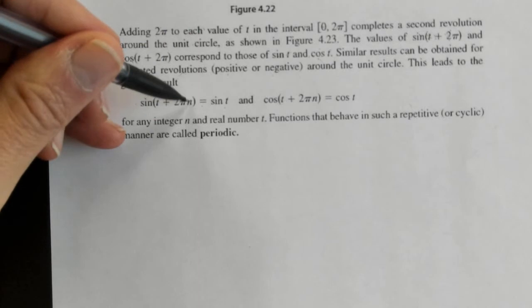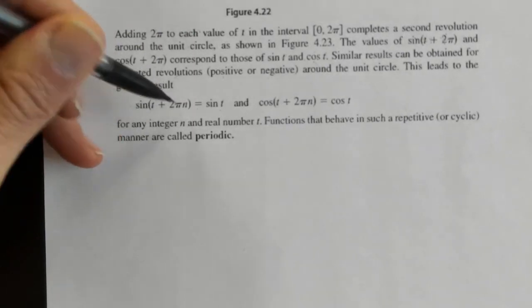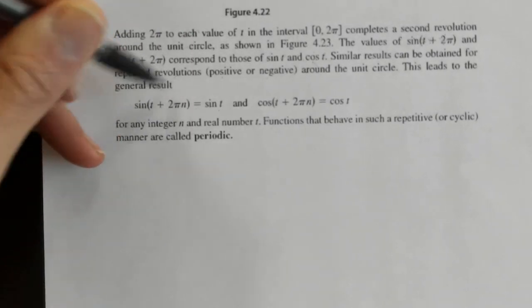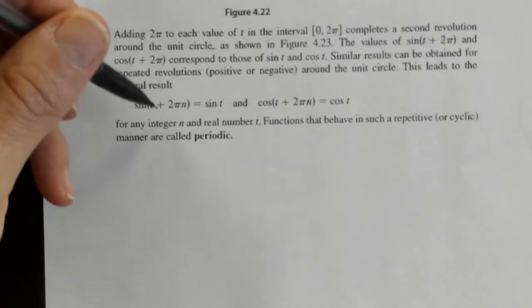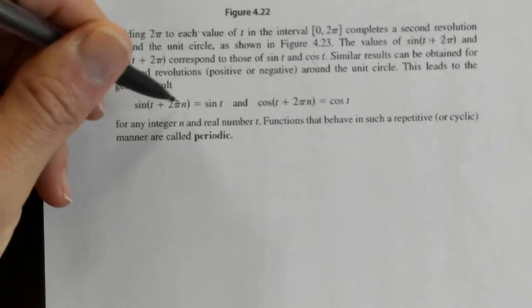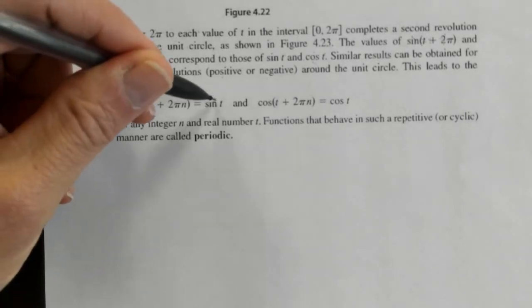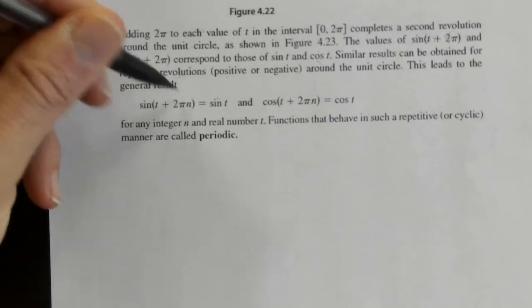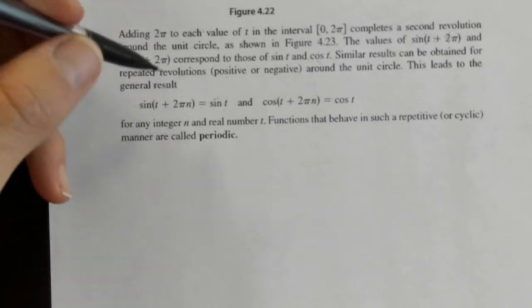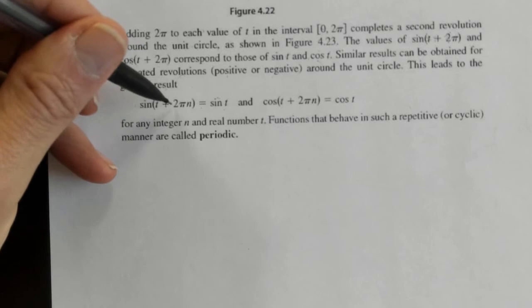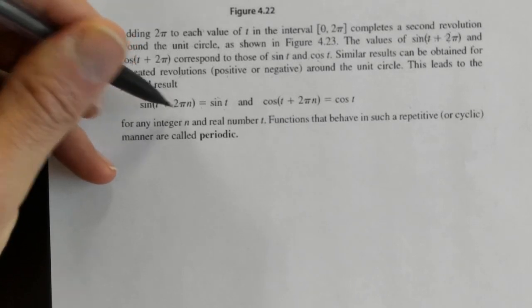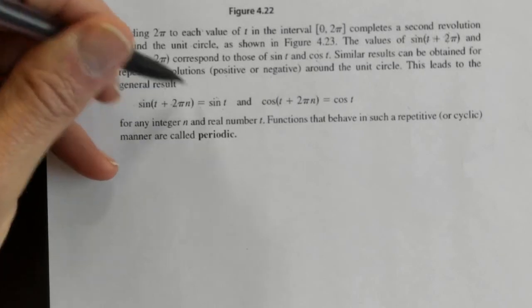If this is 1, you're going around the circle 1 more time. If it's 2, you're going around the circle 2 more times, 3, and so on. So anything in this form would be equal to sine of t, because you're just going round and round in the circle, so you would get the same value. If you add 2 pi, that's 1 time around the circle. If you add 4 pi, that's 2 times. 6 pi, 3 times.